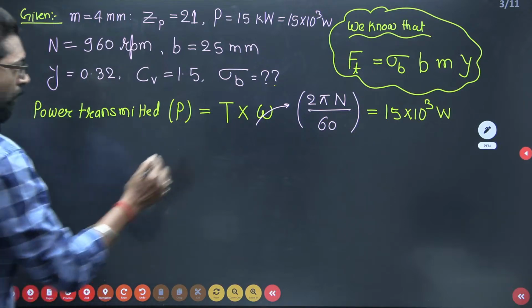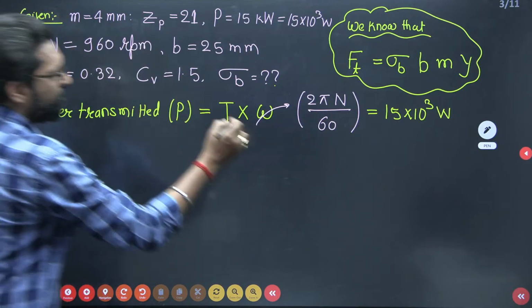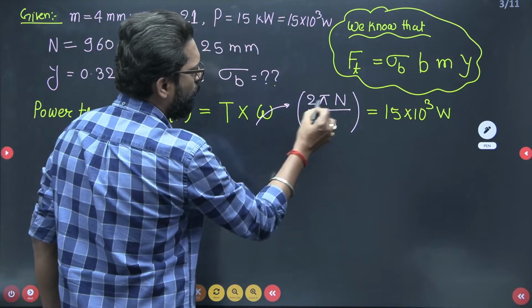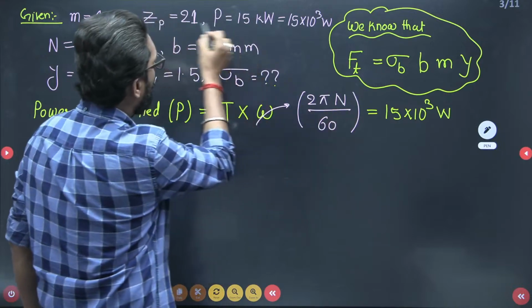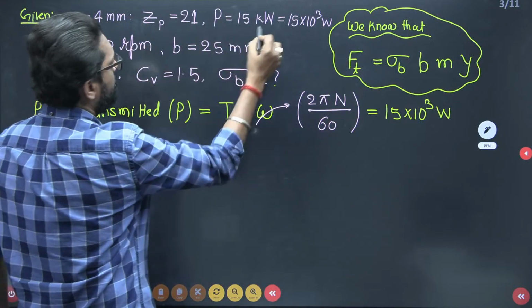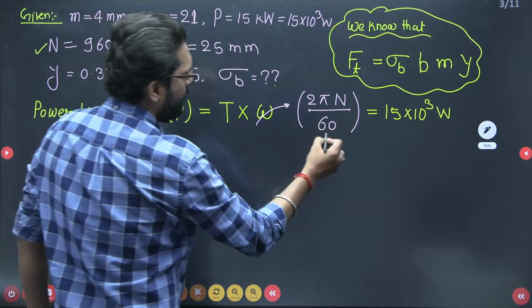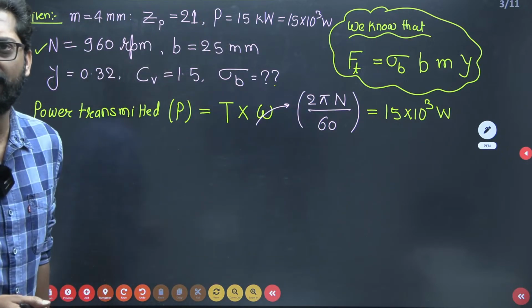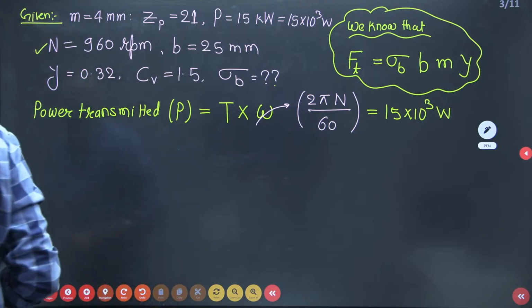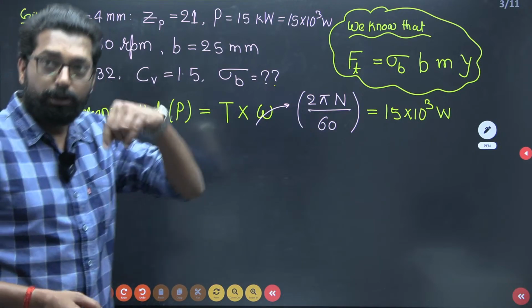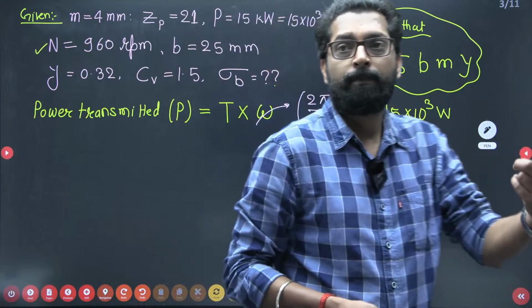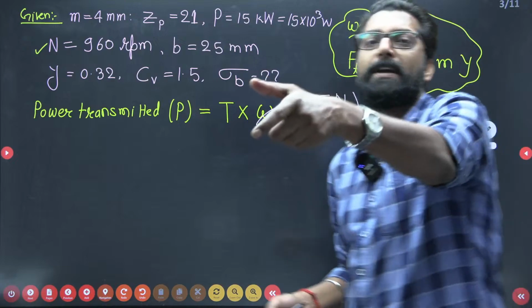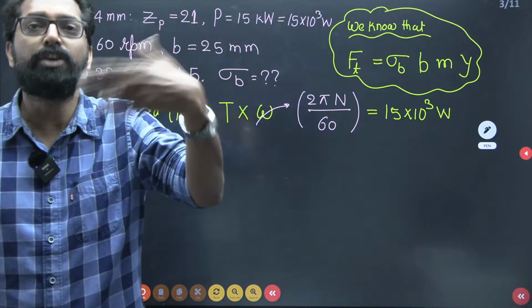Now, for the power transmission, you have T into 2 pi n upon 60. The n value you have, multiply and find the torque transmitted. Now what is the torque? Force into perpendicular distance.